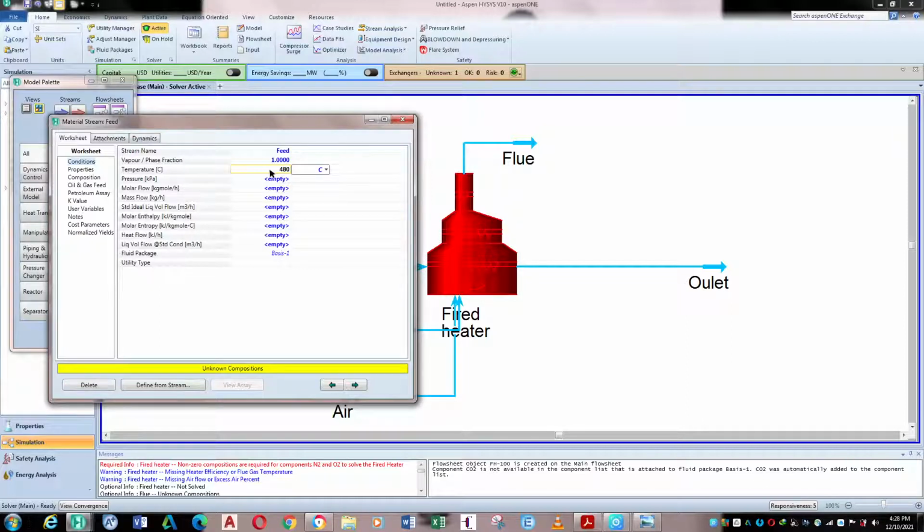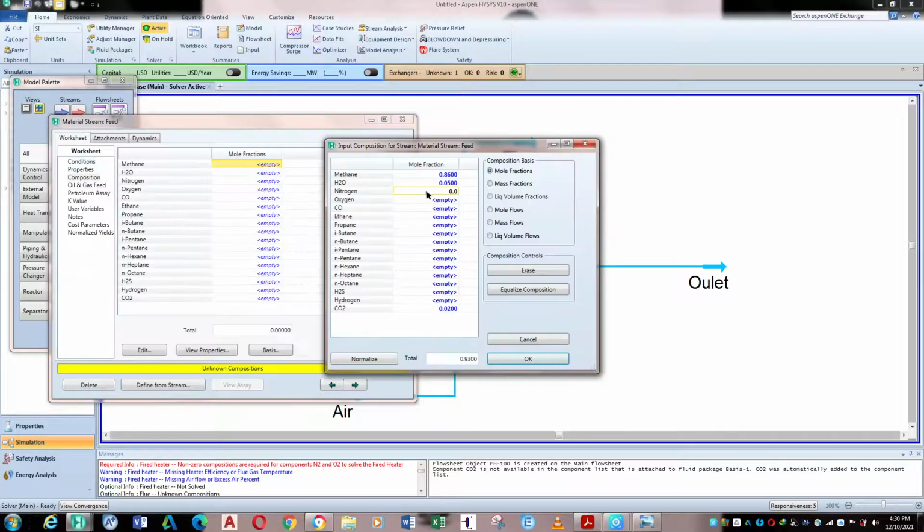Right, and then after that we move on to specify the composition of the feed. So our feed is going to have 86% methane, and then 5% water, 2% carbon dioxide, 2% nitrogen, and 5% hydrogen.